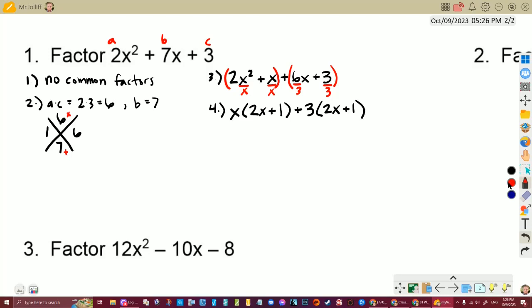Again, the check that I did it correctly is that these 2 binomials should be the same, and they are. So our very last step, we factor the common binomial out. So 2x plus 1, and then what's left over in the second binomial times x plus 3.